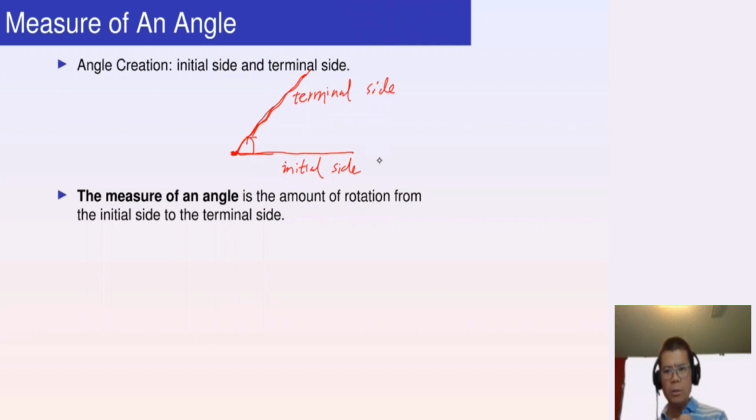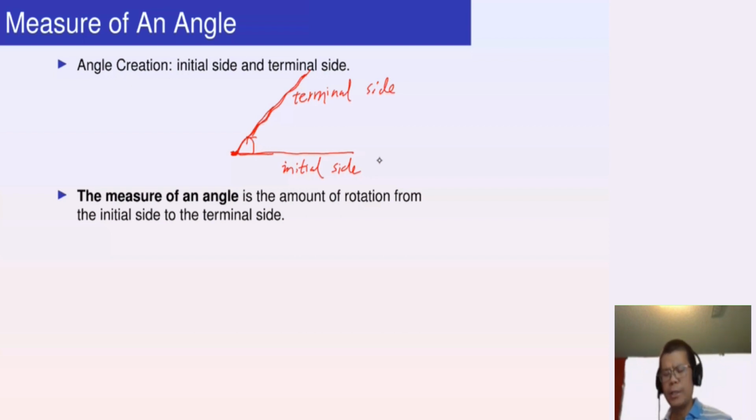Also, you may have a full revolution, a full circle, and then you come back to the initial side. Or when you get a full revolution, you can go beyond that, take one circle and then do another, and so on.